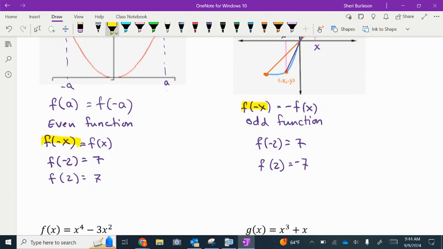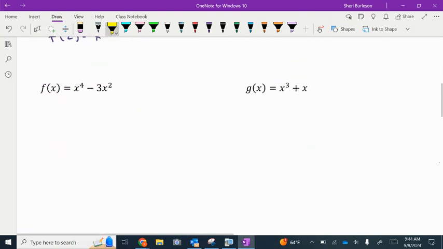You need to use the definition. Do you see that both of those start with the opposite of f of the opposite of x? Do you see that? Okay. So we will start with f of the opposite of x.